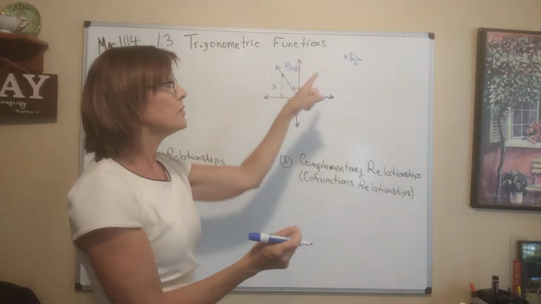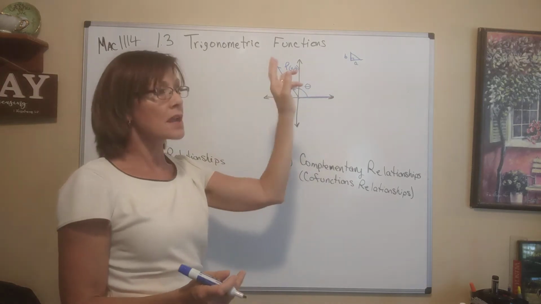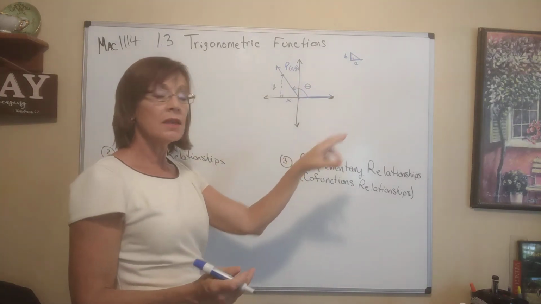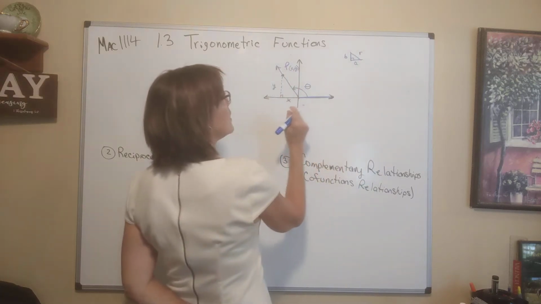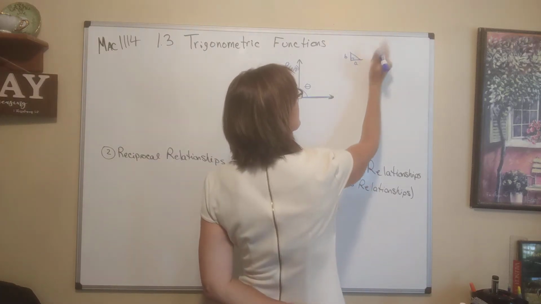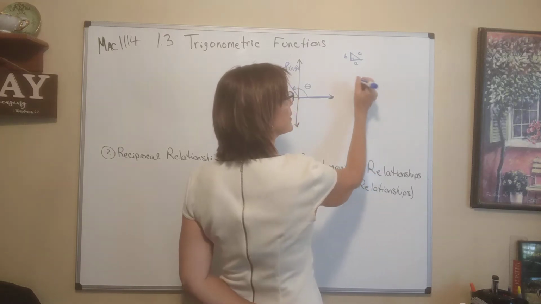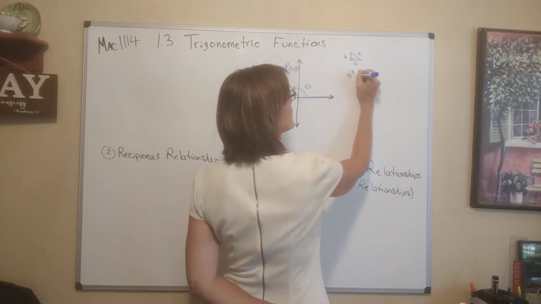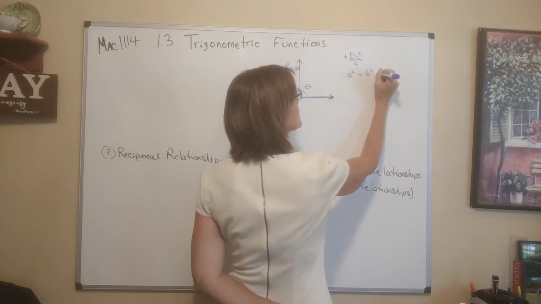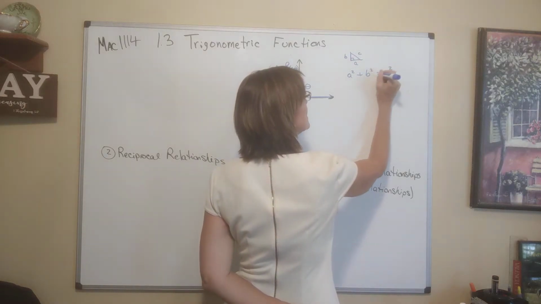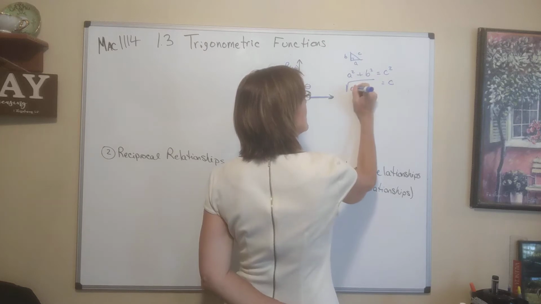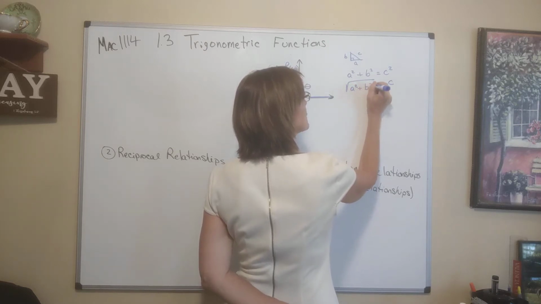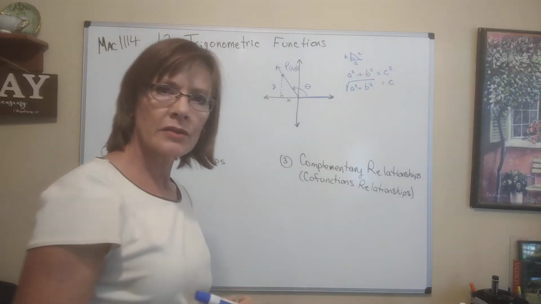The hypotenuse, which is the longest side, across from the 90-degree angle, we usually call C. The theorem says that A squared plus B squared is equal to C squared, so C is equal to the square root of A squared plus B squared. We can do that with any right triangle that we find.